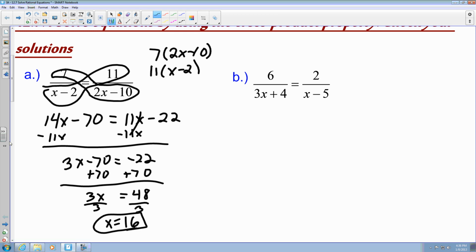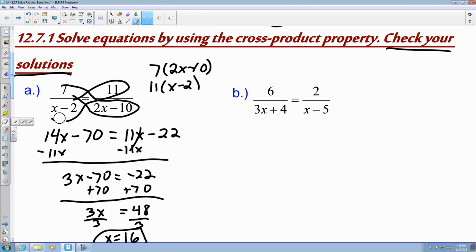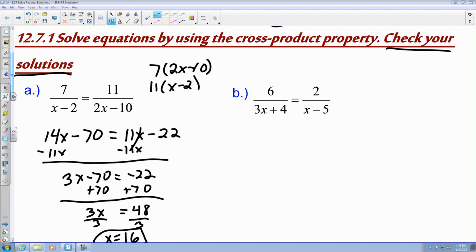It's very important to check your solutions to see if it works. So let me get rid of these lines here. I'm going to place 16 in for x.